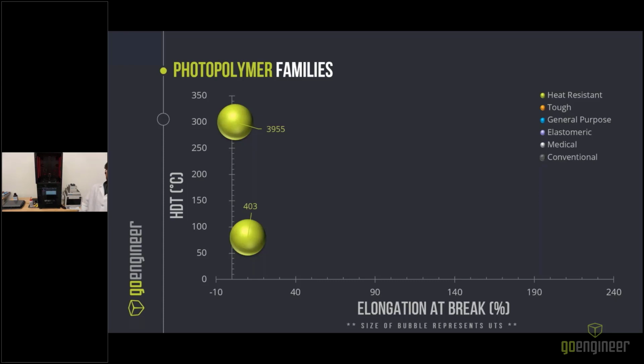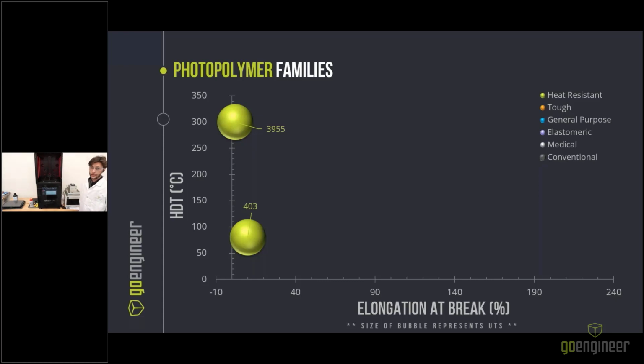Looking at the bottom, we have 403. This is a great all-around engineering material that's been used in molding applications and high heat, well, moderate heat applications. 3955 is really used in high heat applications with a heat deflection temperature exceeding 300 degrees Celsius.